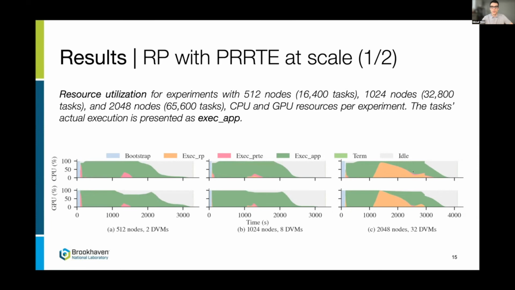PRRTE PMIx is the color pink, and here it is mostly the orange, which is RADICAL-Pilot. We didn't find out what actually caused the issue, and there was an assumption about the shared file system, which pointed out that while tasks were prepared on the resource side, that at some point took the most time.